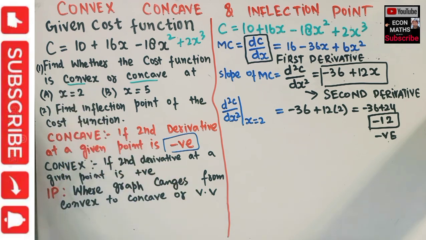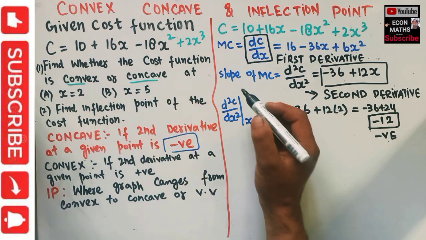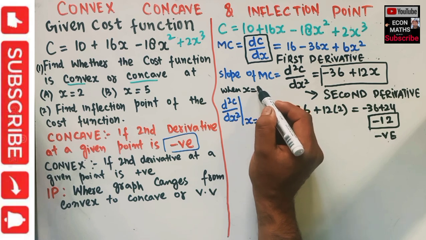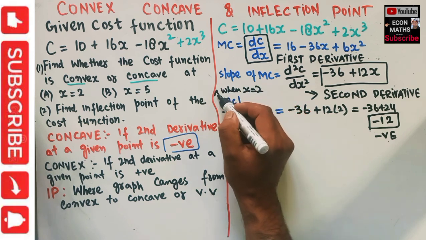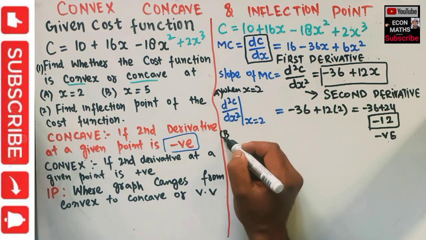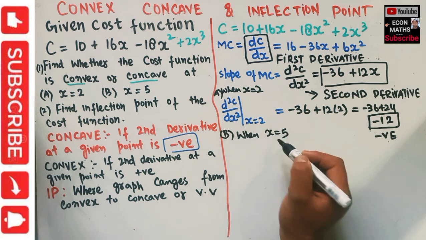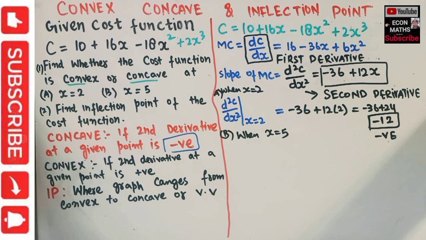Similarly, we can find out for the second, and let me write it here. This was the a part. Then the b part is when x is equal to 5. I will also draw the graph to make it more useful.